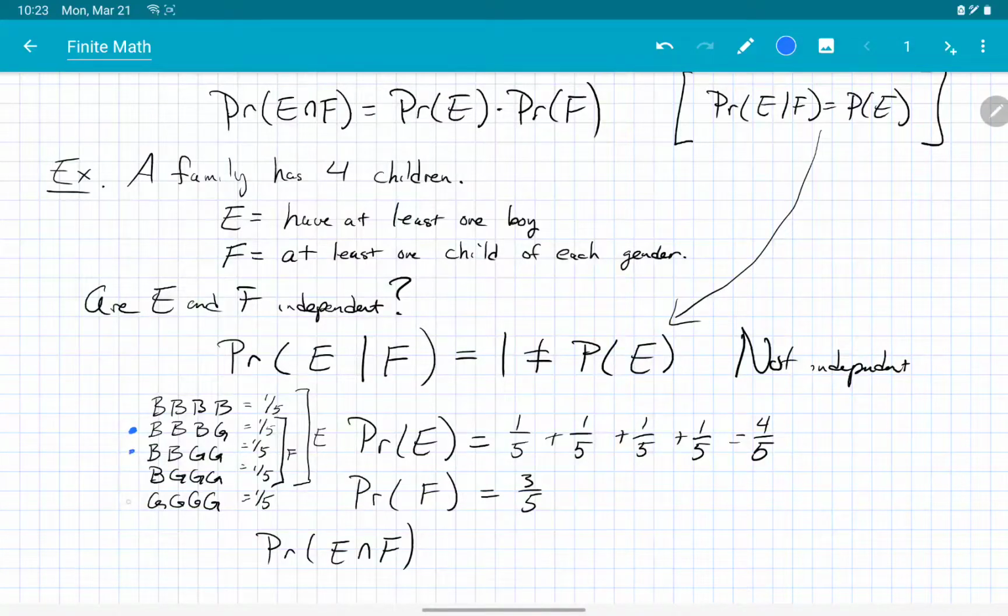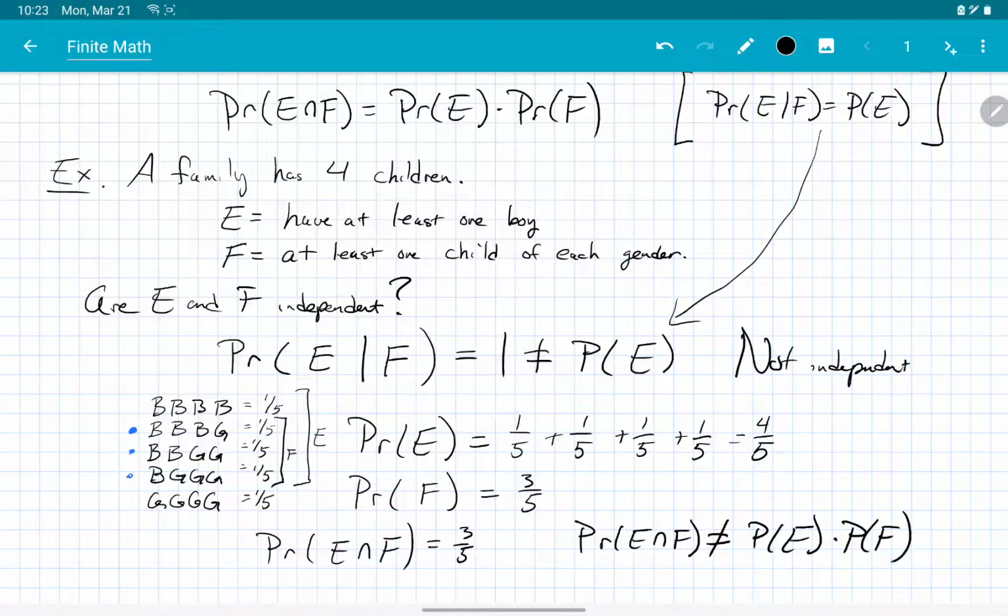That would be this one, and that would be this one. Okay. So this is equal to 3/5 as well. And now we see that the probability of E and F is not the same as the probability of E times the probability of F. And so we see again that these are not independent events.